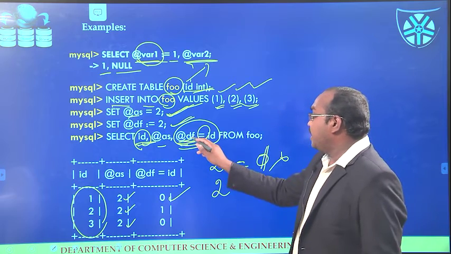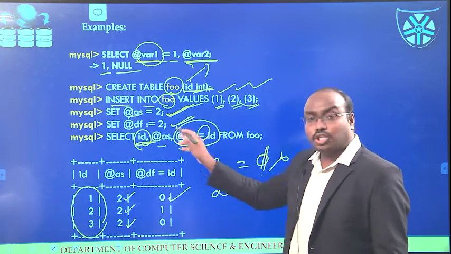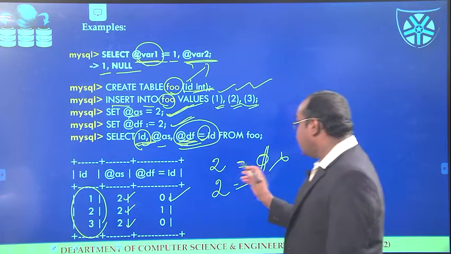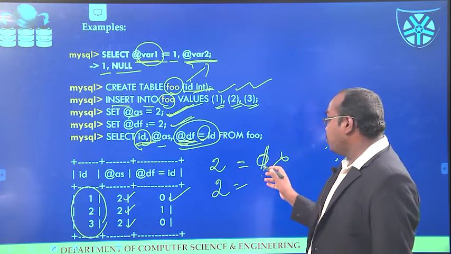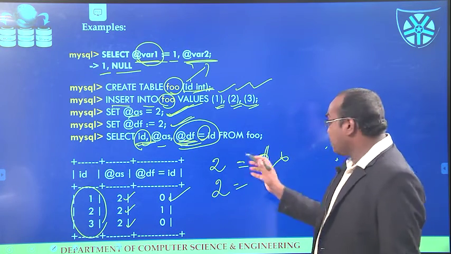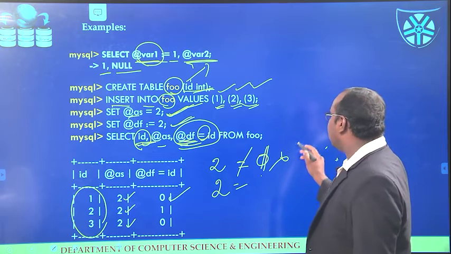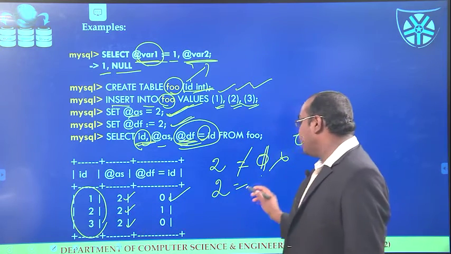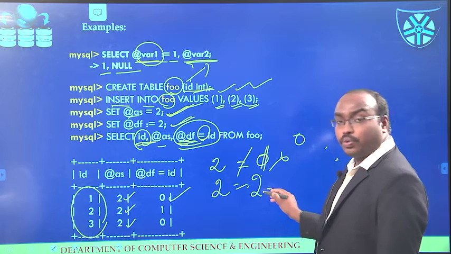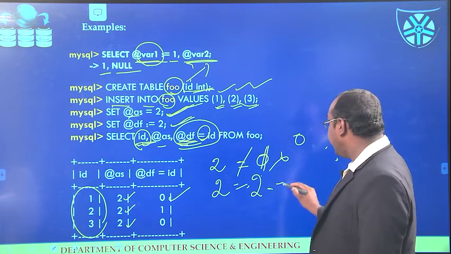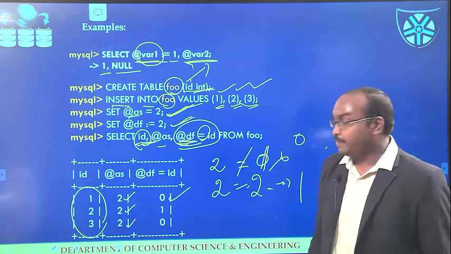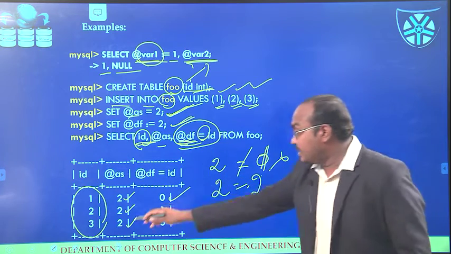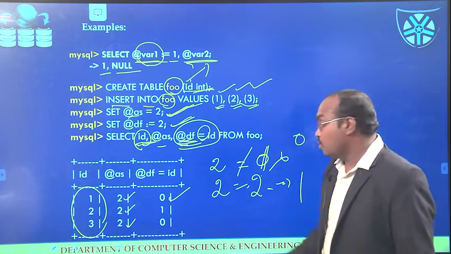So the df first value is 2, and in id the first value is 1. So 2 equal to 1, 2 is not equal to 1, then it returns 0. And the next second row, 2 equal to 2, the value is true, then it will return 1.